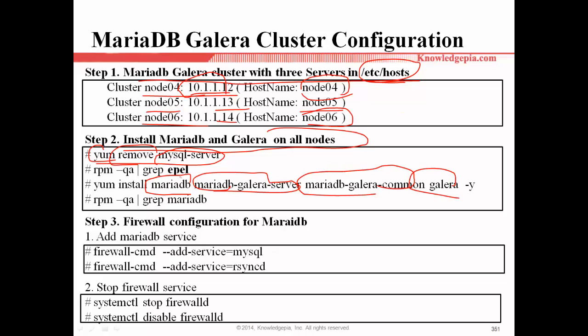Before we install these packages, you have to check EPEL. EPEL will supply a mirroring site to install these packages. So you need to install this package first. And after that, if you are successful in installing these packages, then you can check MariaDB like this.